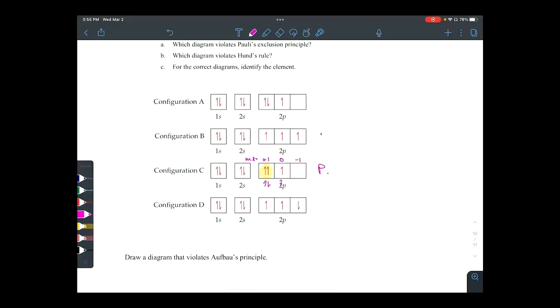So both A and D, not B, B is the correct one. A violates Hund's rule because we're not spreading them out; we're kind of isolating them in a pocket. D is also incorrect because we are spreading them out, but we're not making all the spins the same. Once all the spins are the same, that's how we maximize a stable atom.